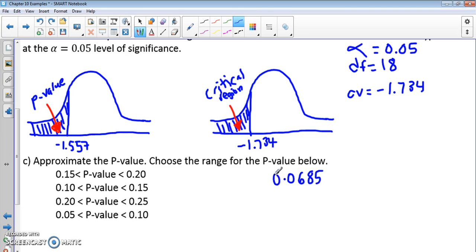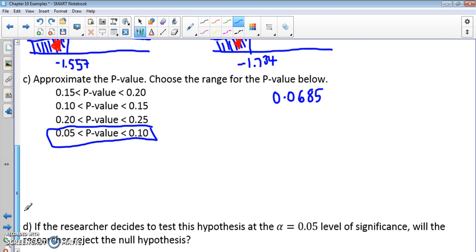Right, so our p-value is between these two values, right? Again, that's mainly if you're using the table, you can only get an approximate answer, but we can get an exact answer using StatCrunch.